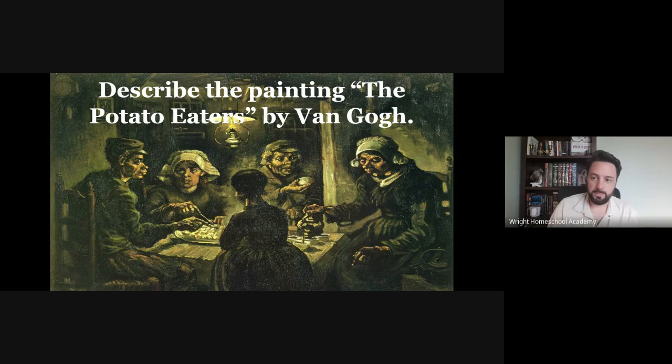Well, that's a good description you've offered there. I would just point out that one thing that makes this painting stand out from the others is that it was very different from the other paintings being produced by big artists at the time. Most of the big artists at the time, as you saw in some of the paintings I showed you earlier, were painting landscapes, cityscapes, portraits of beautifully clad people.